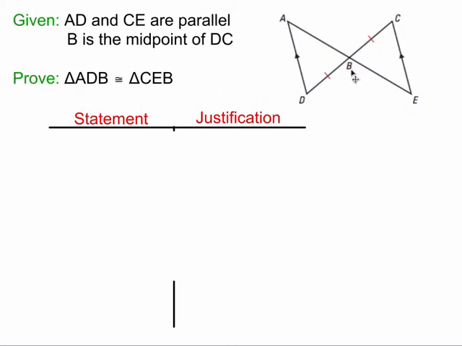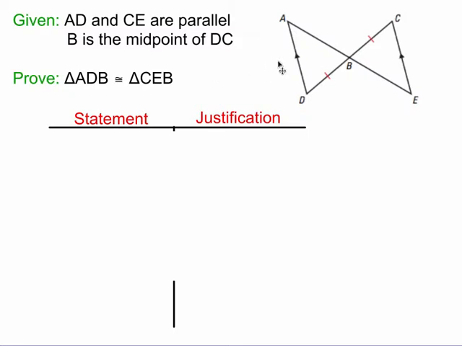So we're given this set of triangles here, triangles ABD and CEB, and we are trying to prove that they are congruent. Okay, and we are given that AD and CE are parallel to each other.